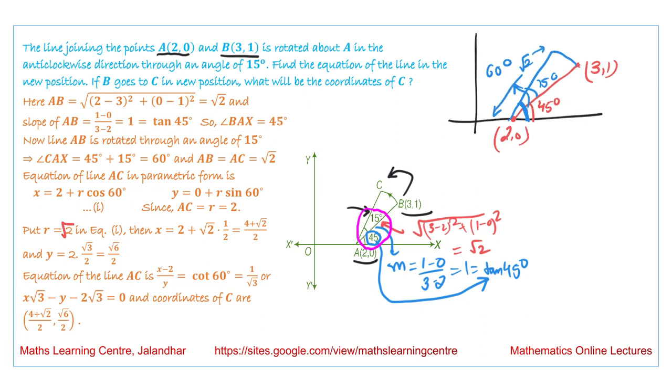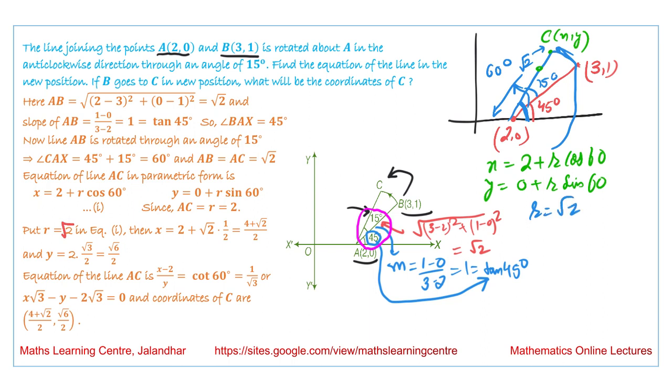Now suppose the coordinates of this point, we are saying C, are (x, y), or any point over here we are saying it is (x, y). Then we have x is equal to 2 plus r cos 60, r is the distance, and y is equal to 0 plus r sin 60. Now corresponding to this particular point C, the value of r is equal to square root 2.